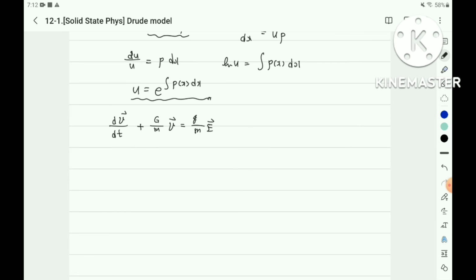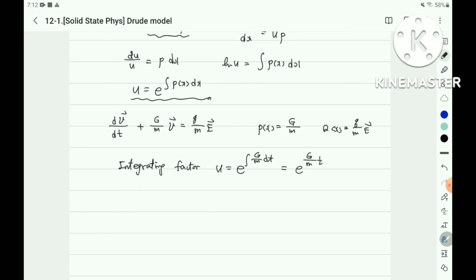Here p(x) is g/m, a constant value, and q is qE/m. Therefore, the integrating factor is u equals the exponential of the integral of p. P means g/m dx. Now here, not dx but dt.